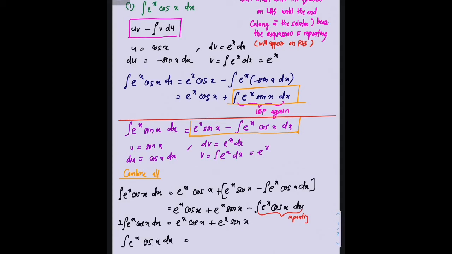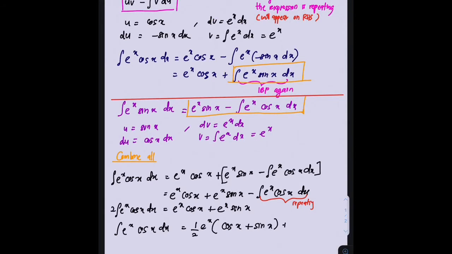So it is equivalent to everything divided by 2, or we can just put 1 over 2 outside. And since we can factor out e power of x, let us factor out e power of x, cos x plus sin x, plus c, because this is an indefinite integral. Then this is your final answer.